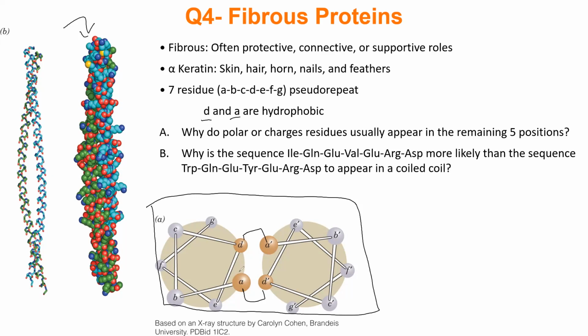So the question I have to begin with is, if A and D are always hydrophobic, then why are the other 5 positions, B, C, E, G, and F, always polar or charged amino acids?